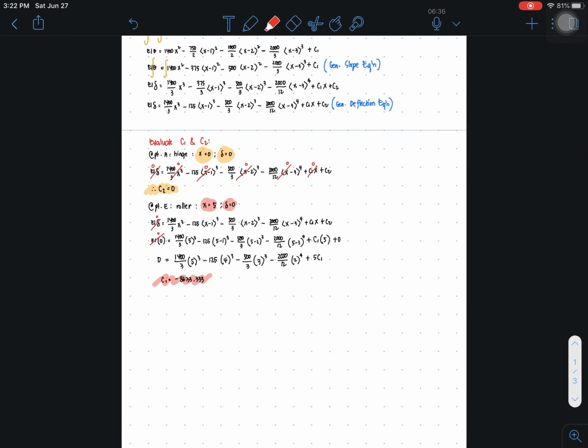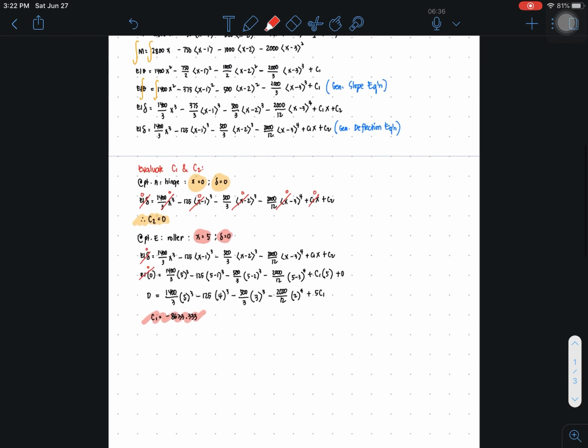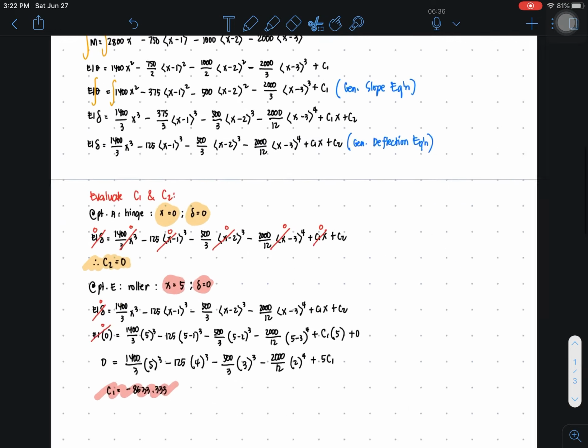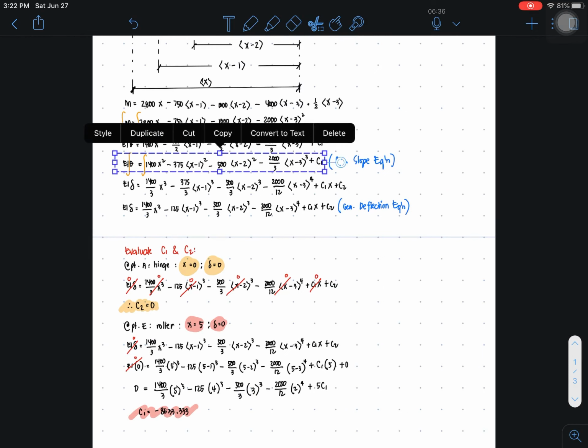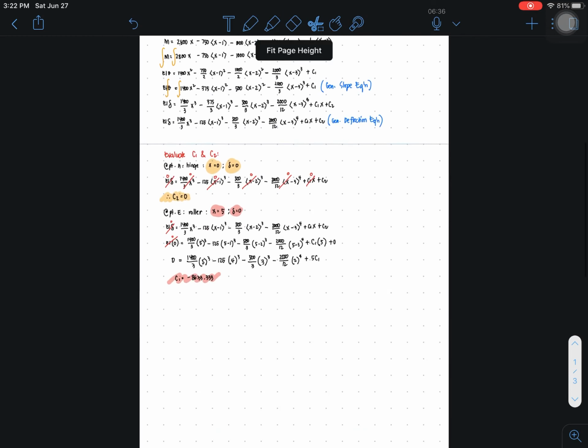Since we now have the answer for C1, we can now get the general slope and general deflection solutions. So here, we will just copy this one and paste it here.